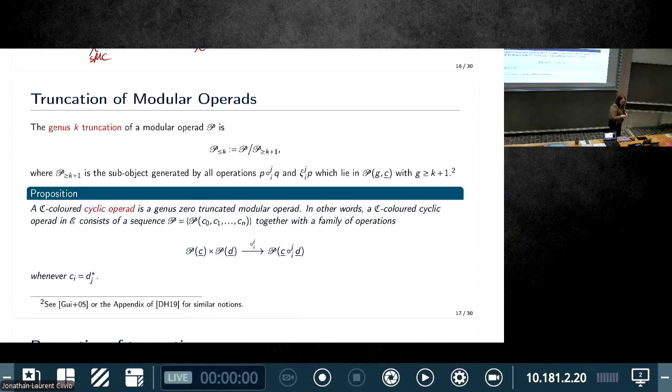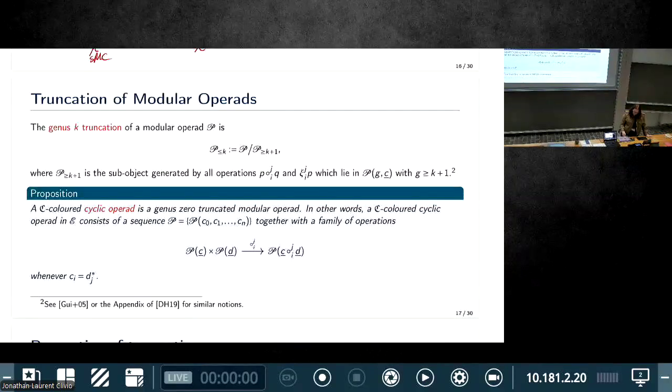Some things work better in genus 0, when we talk about surfaces, and sometimes we need things that work in genus 1, on elliptic curves. So the genus K truncation of a modular operad is just a quotient set, right? So in the category.